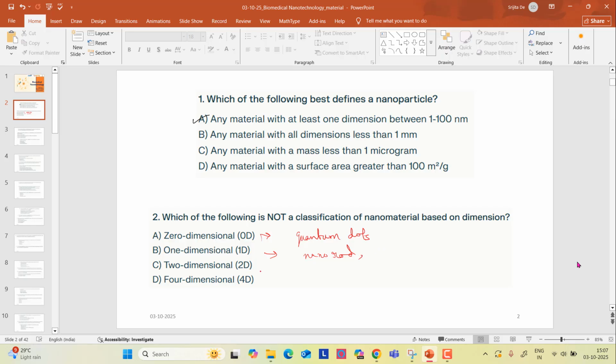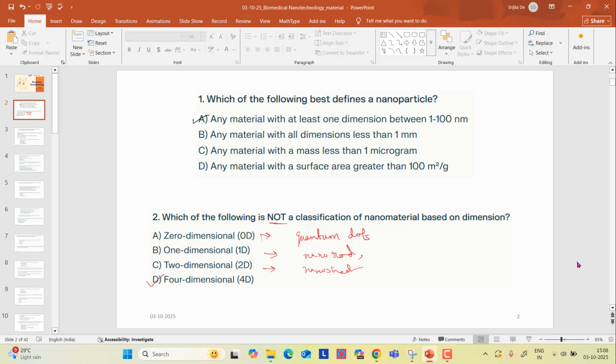Two dimensional means one dimension is in the nanometer range, and the other two dimensions are above the nanometer range, like a nano sheet or graphene sheet, right? But there is another nanomaterial which is called 3D nanomaterial. There is no such thing as a 4D nanomaterial. So obviously the answer will be 4D here, okay? Because in the question it is asked which of the following is not a classification. So it is 4D.